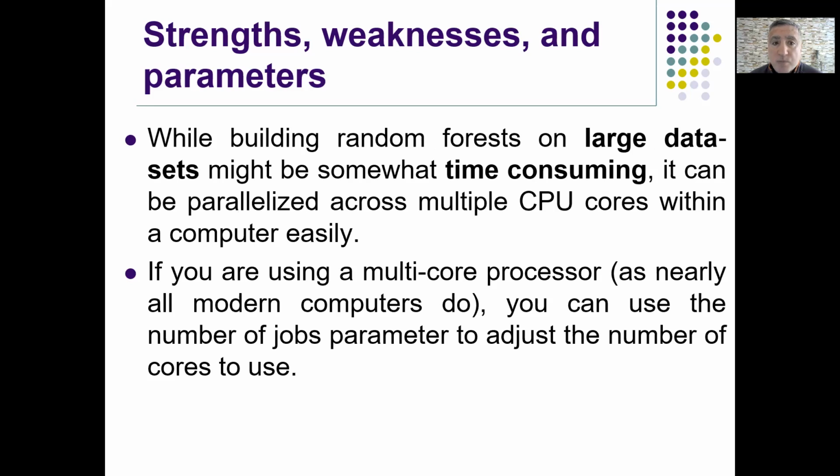However, building random forest on large data sets might be somewhat time consuming. It is clear because we are creating hundreds of decision trees. However, you know that we are using multiple CPU cores and multiple hundreds or thousands of GPU cores. So today it's not a big deal. So you don't think about that as a big problem.